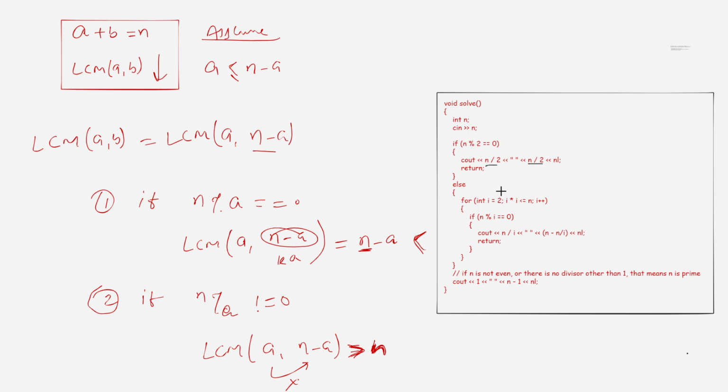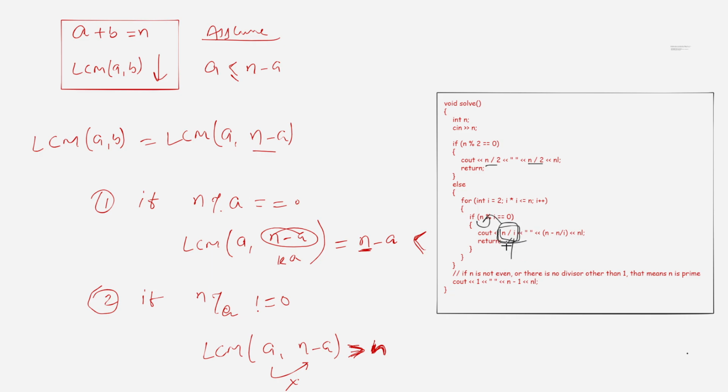Okay, yeah, sorry. And else, try to find the smallest divisor of n from 2 to root n. And if we find a smallest divisor, then can I say the largest divisor would be n by the smallest divisor.